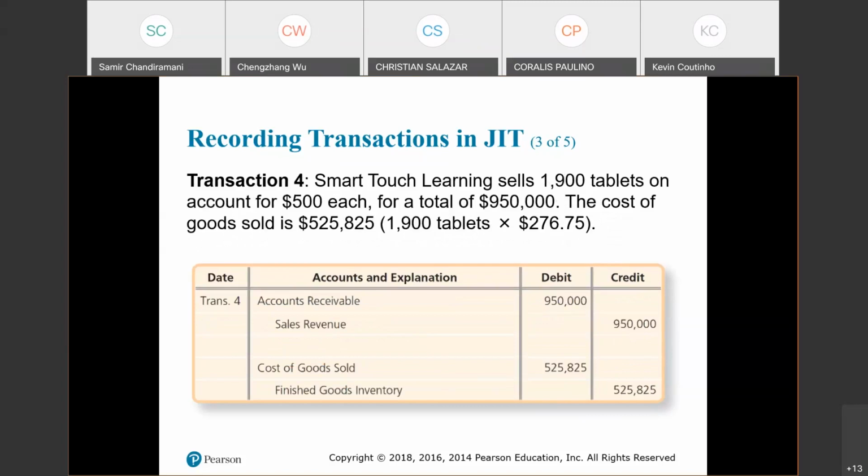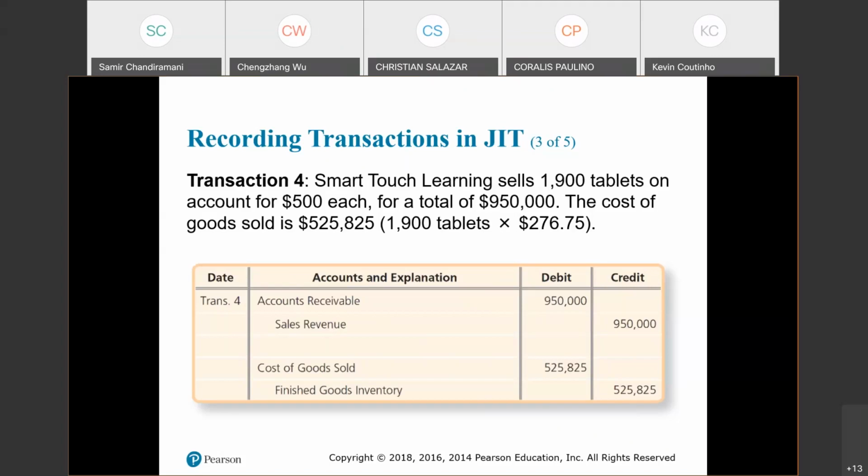So we can go ahead to the last transaction, the sales. Let's assume the company sold 1,900 tablets on account for $500 each, so for a total of $950,000. And the cost of these sales is $525,825.